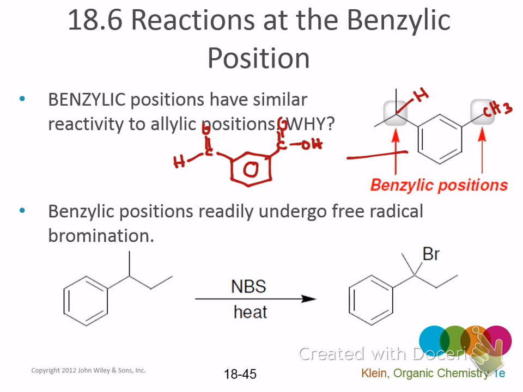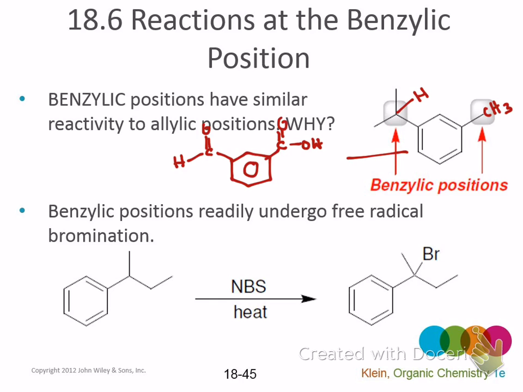Okay. We learned that bottom reaction, NBS, for allylic substitution reactions, right? You could have actually just that molecule and it would do the same thing. But with the benzene ring, benzylic and allylic positions have a lot of the similar chemistries.